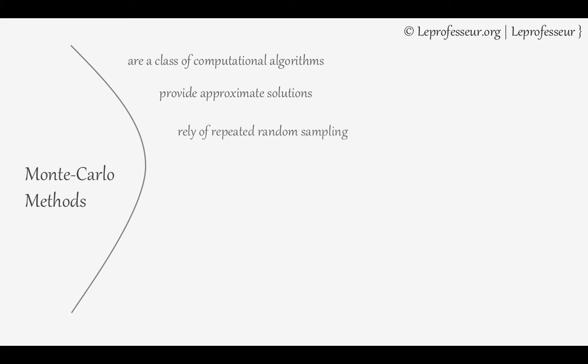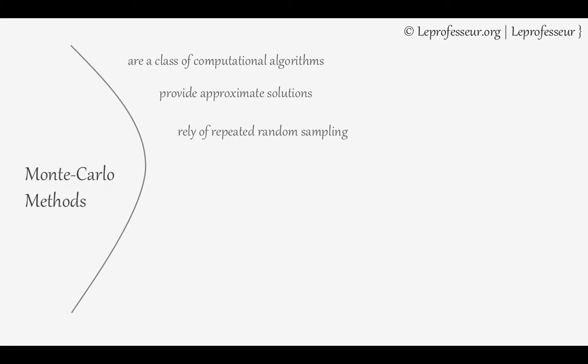The Monte Carlo methods are a class of computational algorithms. They provide an approximate solution in most cases. They rely on repeated random sampling, as we have seen earlier, where we were generating the random numbers x and y.